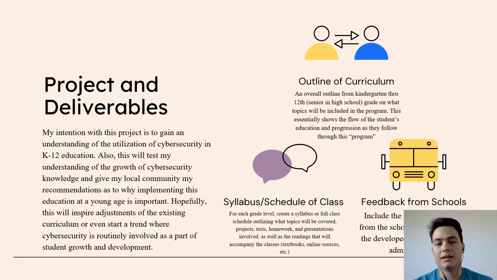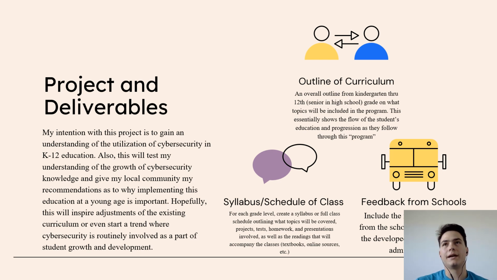The next is a syllabus and a schedule for each class. You have the curriculum, which is the overall all-encompassing path from one step to the next. The syllabus and schedule for each class focus more narrowly on each individual class: kindergarten, first, second, third, fourth, fifth, all the way through.